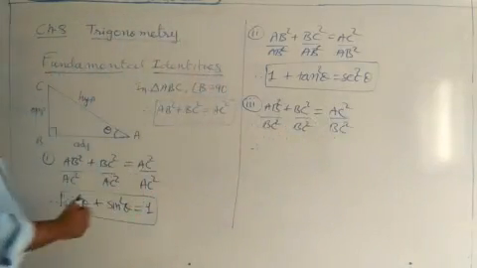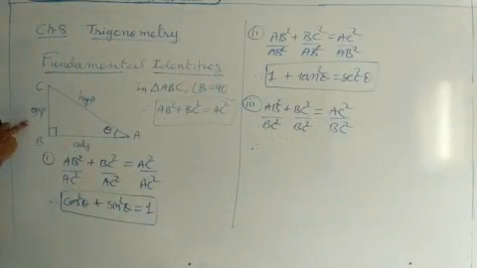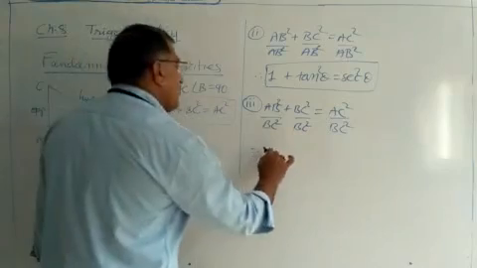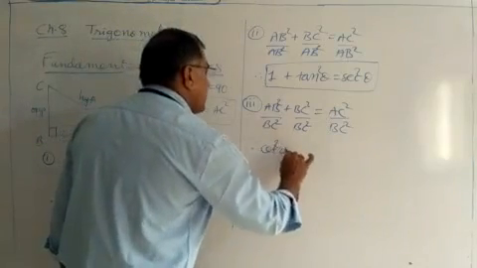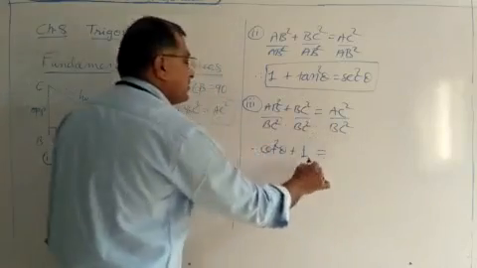Now, AB is adjacent side and BC is opposite side. So, adjacent side upon opposite side is equal to cot theta, and therefore we will get here cot square theta plus BC square upon BC square, which is equal to 1.